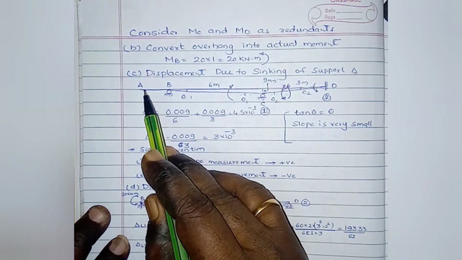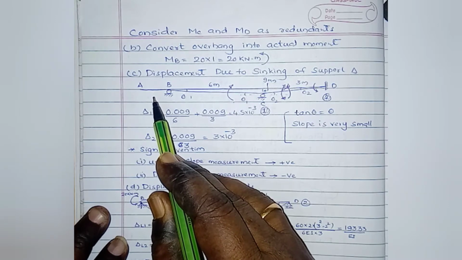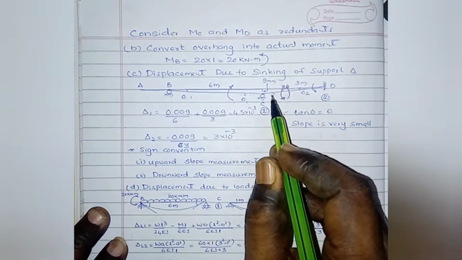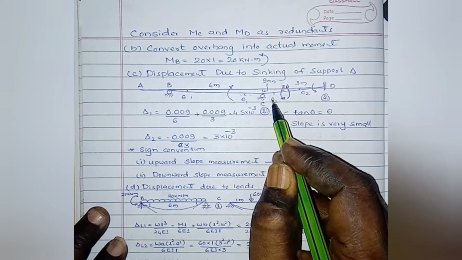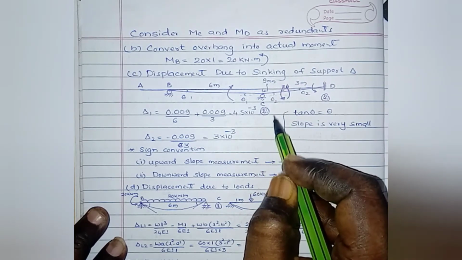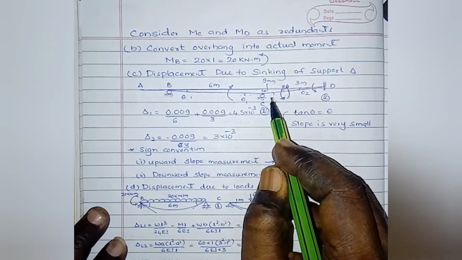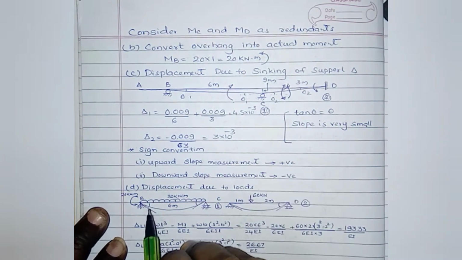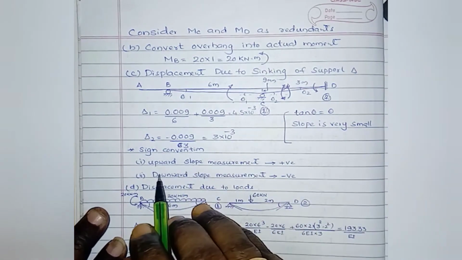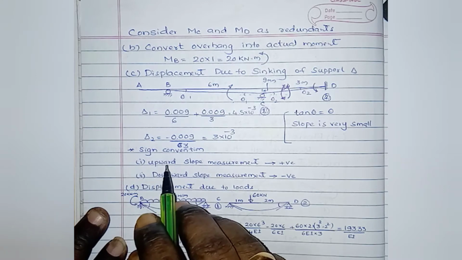The third step: here one of the supports has a settlement, the support C by 9 millimeter, and the value of EI is given, that is 1 into 10 to the power of 12 Newton millimeter square.